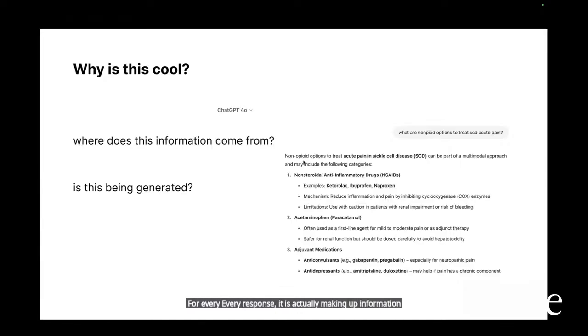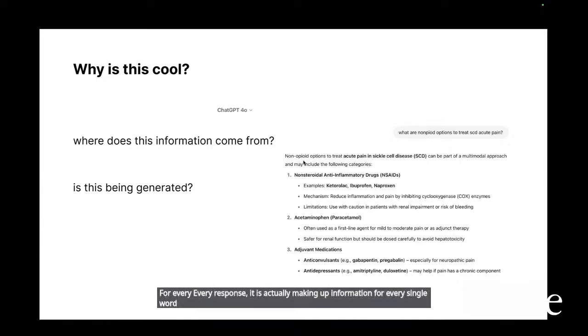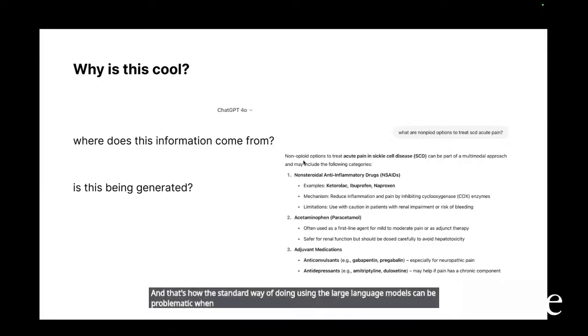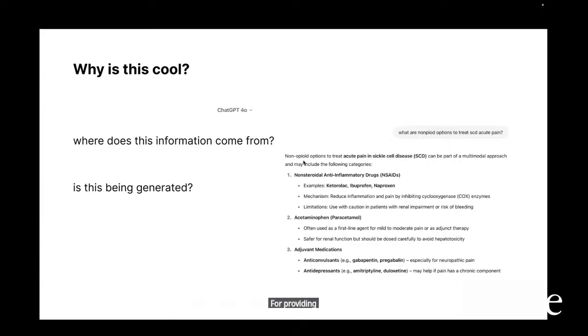For every single word, it's like it's imagining the response, not actually recalling a true fact most times. And that's how the standard way of using large language models can be problematic when you are dealing with risky situations, like for instance, providing care for patients.